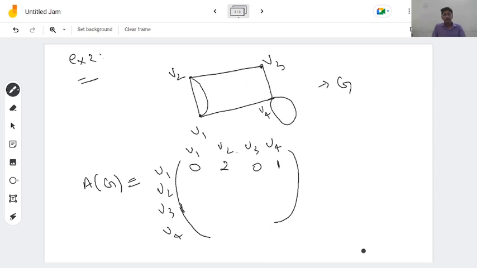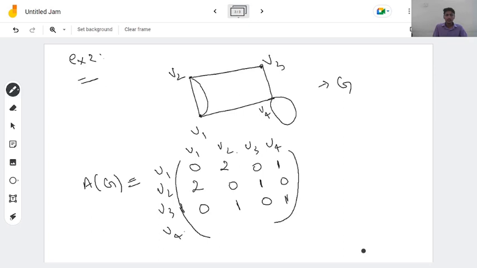How many edges are there between V2 and V1? There are two edges. Similarly, there are zero edges between V2 and V2, and between V2 and V3 there is only one edge. Between V2 and V4, there is no edge. Between V3 and V1, we have zero edges. Between V3 and V2, we have one edge. Between V3 and V3, we don't have any edge. Between V3 and V4, we have only one edge.